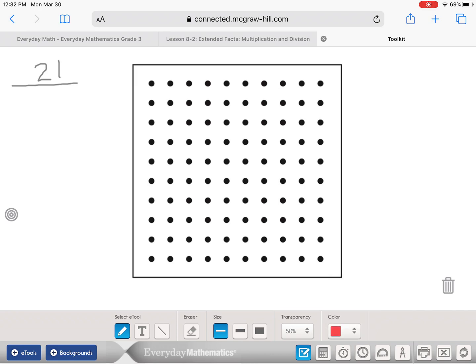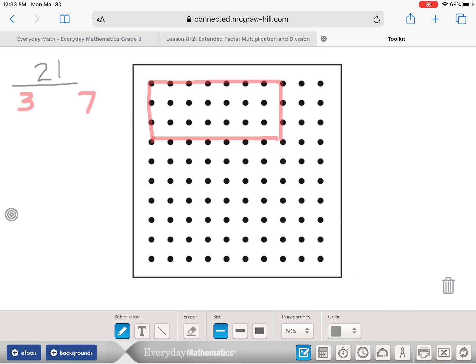Well, I have to think about fast facts that equal 21. One way to do that is 7 times 3. So I could go up 3 and over 7, and that would give me 21. So my sides would be 3 and 7. You may go ahead and write that in your math journal.